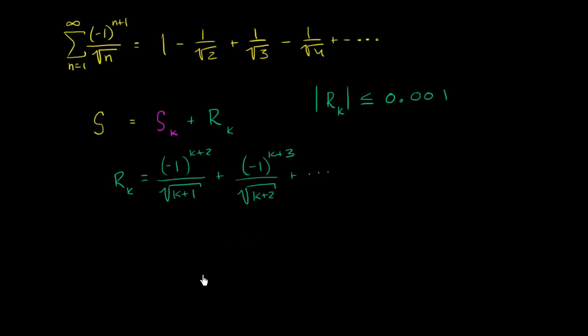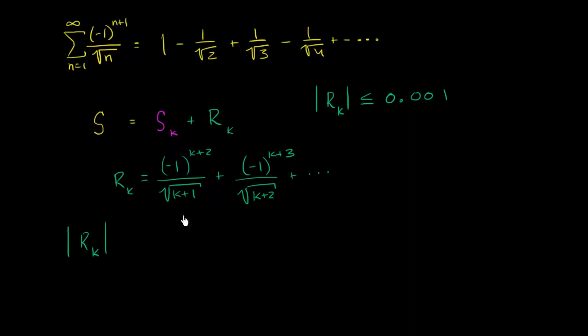Now, what we already know, or what we've seen an example of, and we'll get at least a conceptual verification at the end of this video, is that the absolute value of this entire sum is going to be less than or equal to the absolute value of the first term. So let me write that down. The absolute value of this entire remainder, r sub k. Some people refer to this as the alternating series remainder property, or whatever you want to call it.